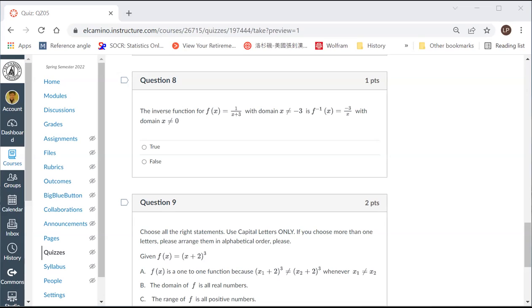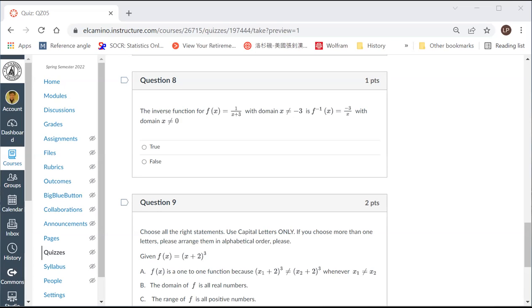Okay, the inverse function for f of x, so I'm copying this question, equals 1 over x plus 3 with domain x not equal to negative 3, right?